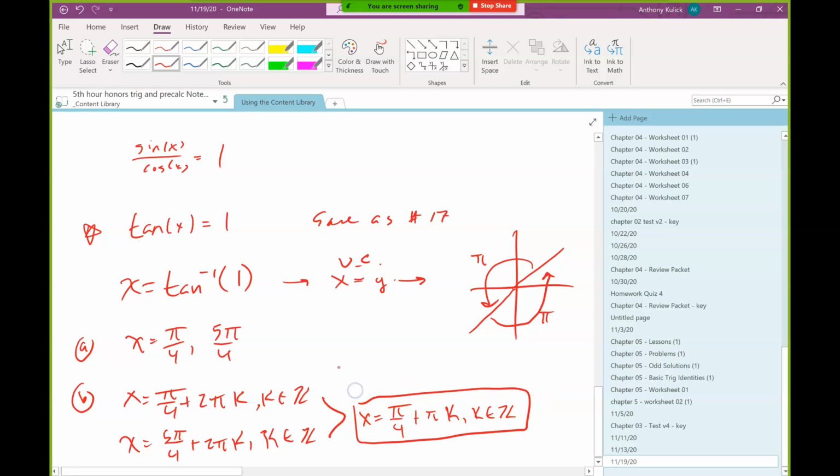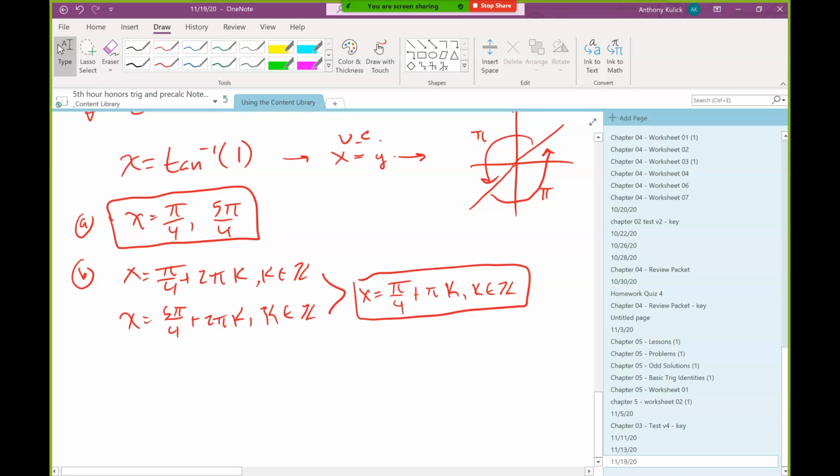So that would probably be how the answer would look on an answer key or on a multiple choice test or whatever. Would I mark it wrong if you gave the answers with 2 pi k's in there? No, not if you had all the answers. It's still the same thing. It'd be like marking it wrong if you wrote 2/4 instead of 1/2. It's still the same.